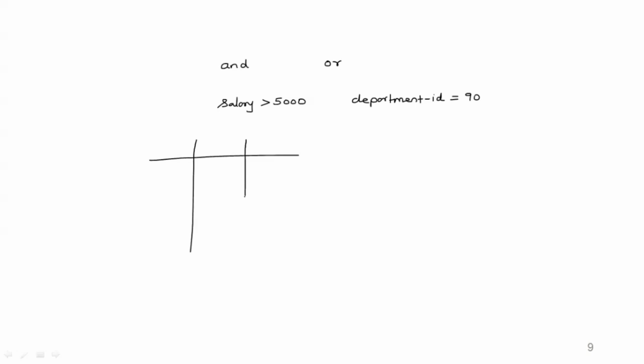My first condition is where salary is greater than 5,000, and the second condition is where the department ID is equal to, let's say, 90. Now if I use the AND clause with these two conditions, let's call this one as condition 1, C1, and let's call this as C2.